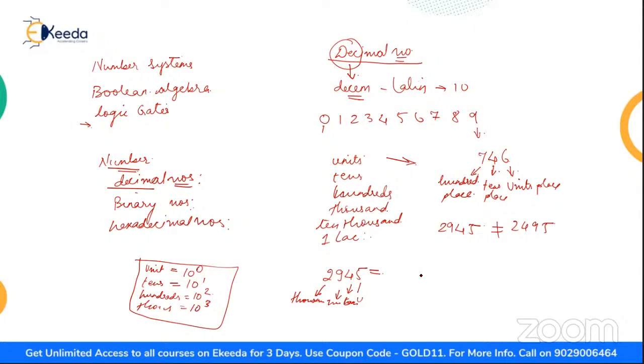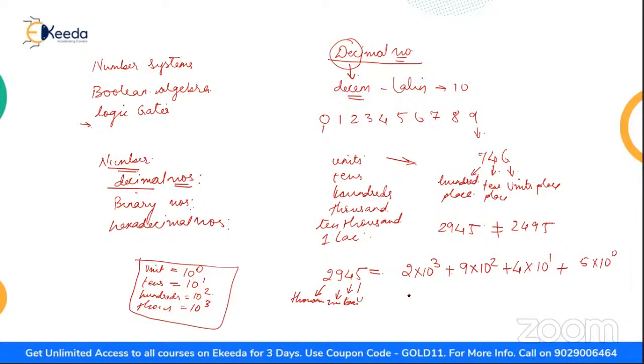So 2 is in thousands place. So I will represent this as 2 into 10 raised to 3, plus 9 into 10 raised to 2, plus 4 into 10 raised to 1, plus 5 into 10 raised to 0.